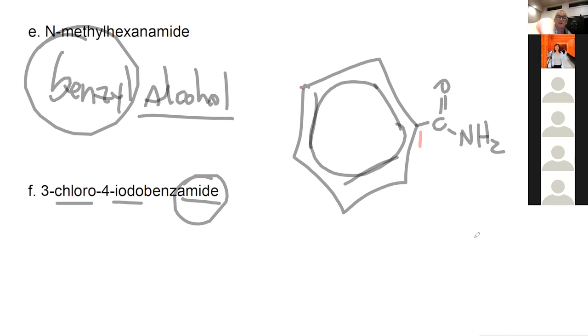It doesn't matter which side we put it on. We can put it on there, or we can put it there. Either one makes no difference. They're both carbon 3. And where's carbon 4, where we put our iodine?